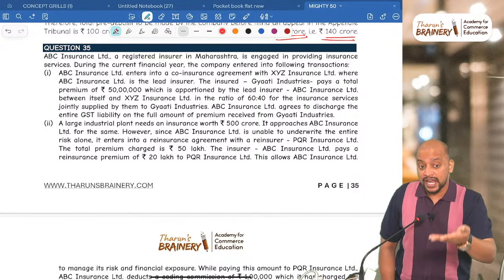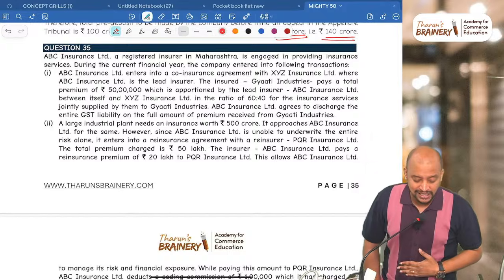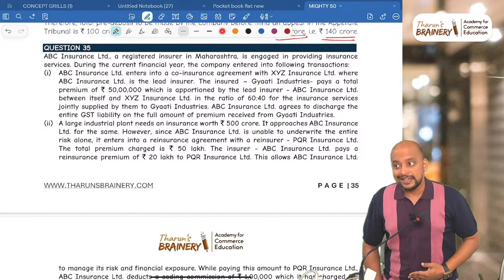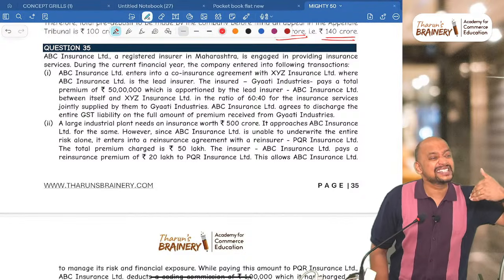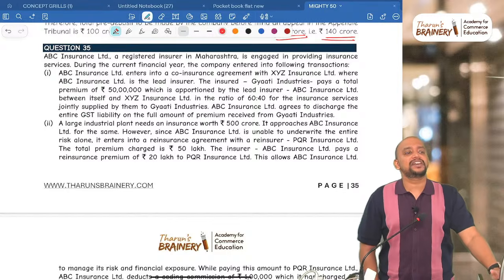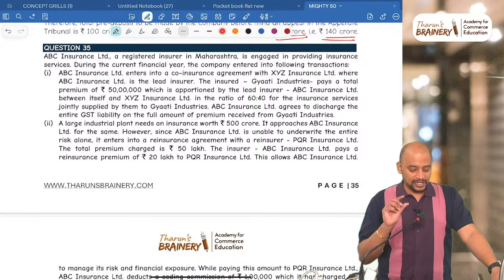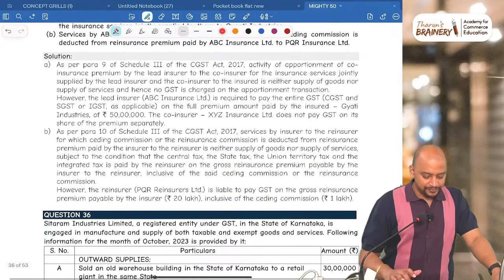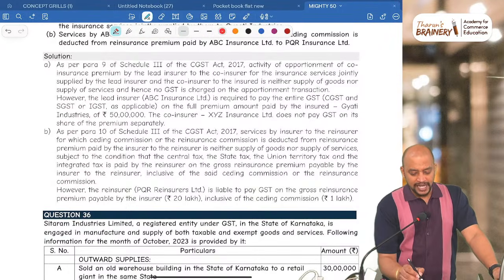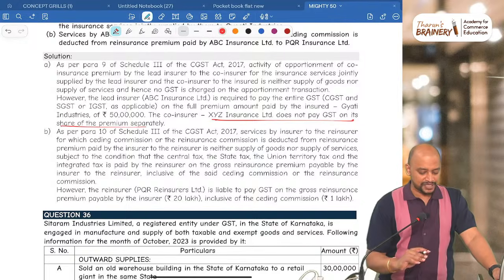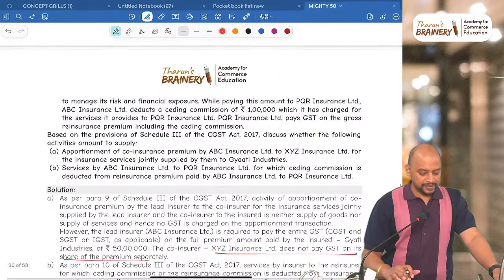Then the share of insurance premium received by XYZ Insurance, the co-insurer, that is 20 lakhs, is excluded from supply as per section 7 subsection 2 read with Schedule 3 of the CGST Act. That is what we need to write in this case. That's the answer for this. XYZ Insurance does not pay GST on the share of premium separately because it is excluded from supply.